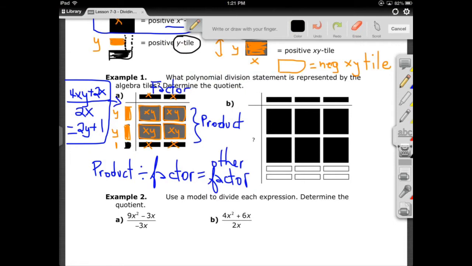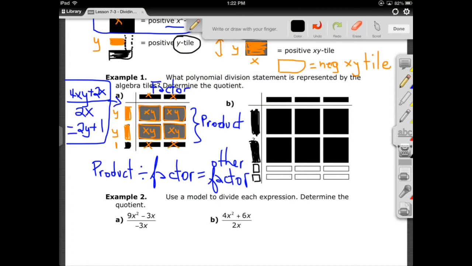Okay, so I'm going to get going with this example. And I can see that these are squares, which means they must have come from x values. There we go. And these are our x-style thin little rectangles there. And they must have come from one of each of the above multiplied by our constants.